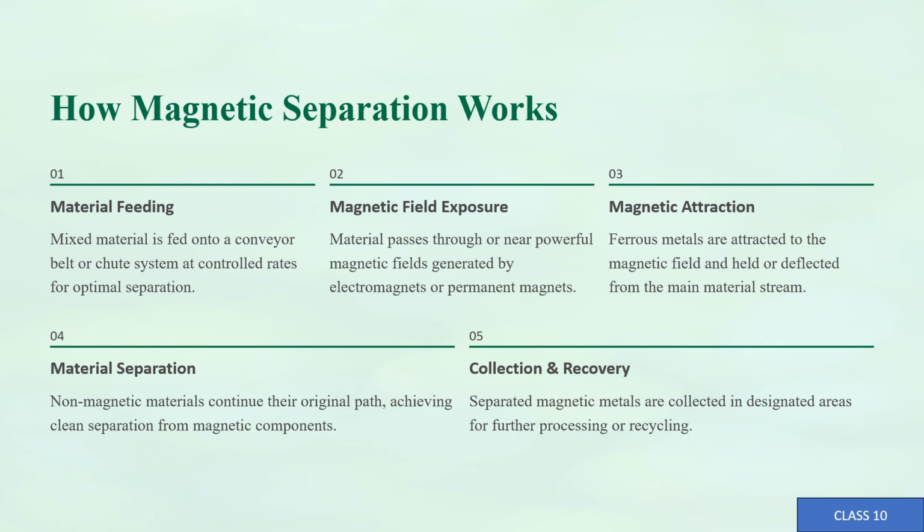The next step, as you all know, is the collection and recovery process. The separated magnetic materials are collected separately, and further purification is done in the industry. So the material feeding is nothing but the mixed material, that is the mineral ore, fed onto the conveyor belt, where there will be two wheels.